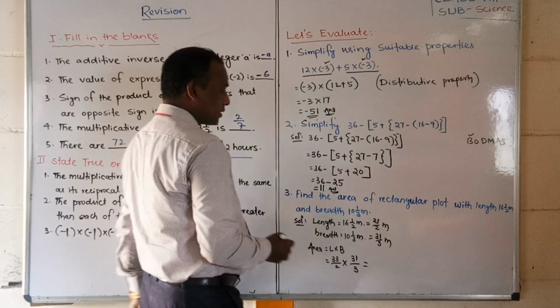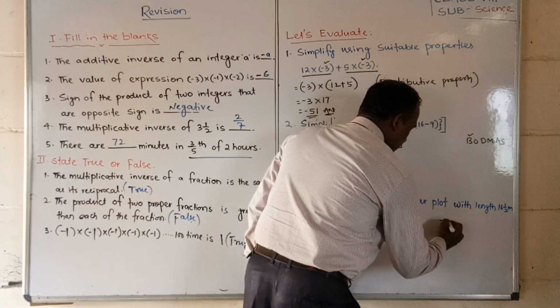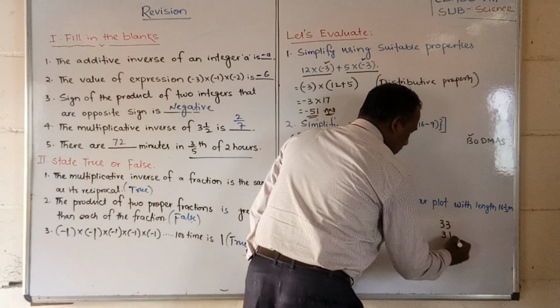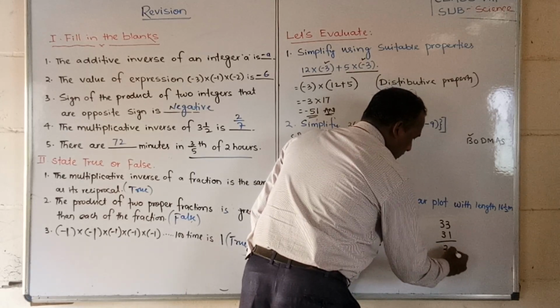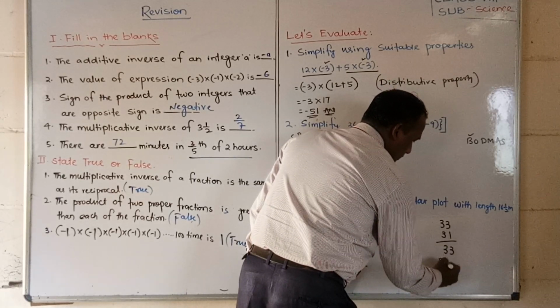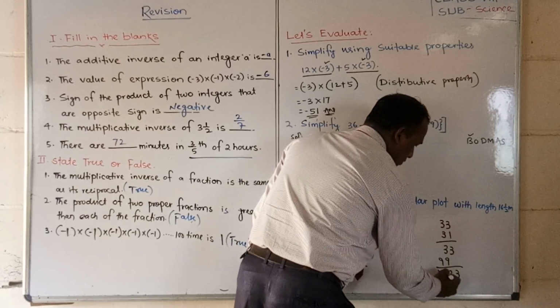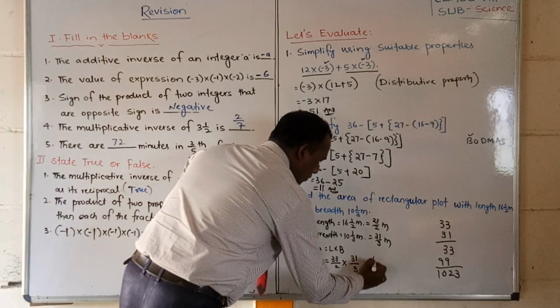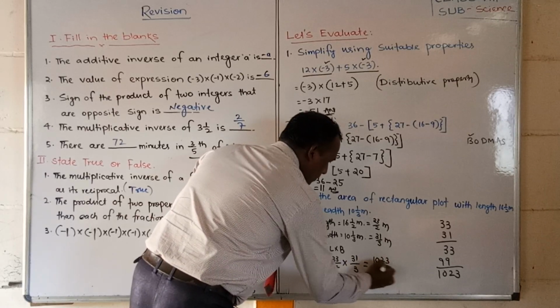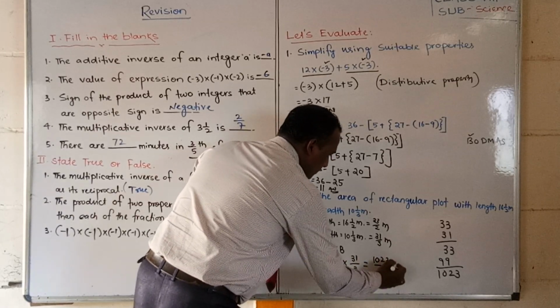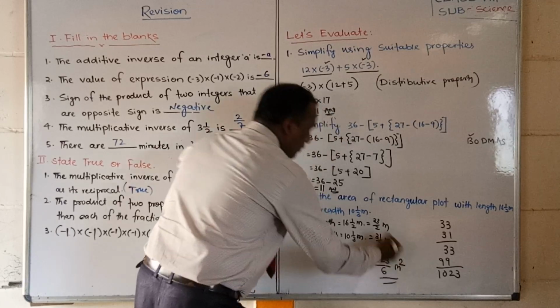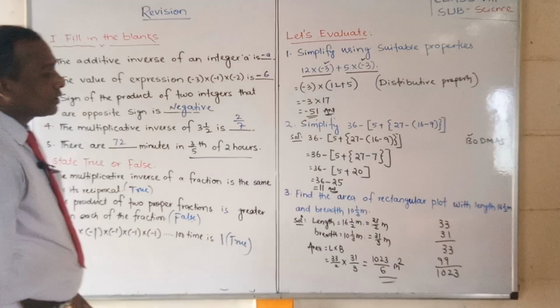So we can multiply 33 into 31, which gives 1023 by 6 square meters. If you want, we can also write it as a mixed fraction.